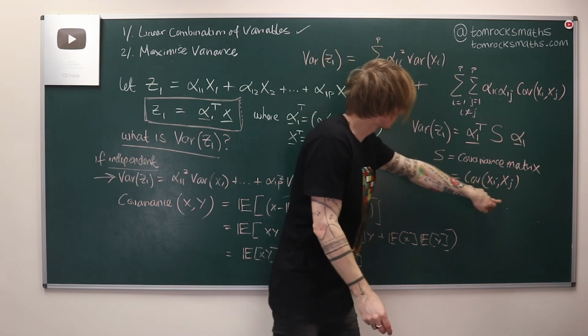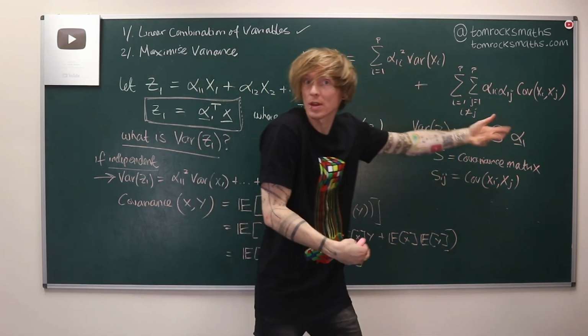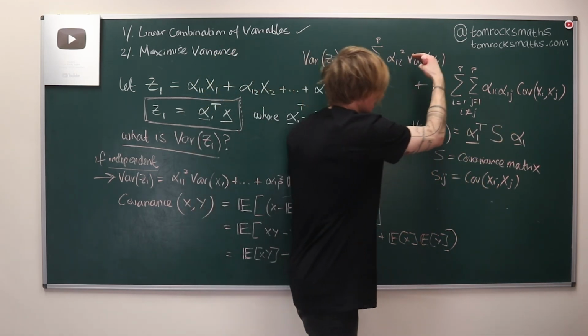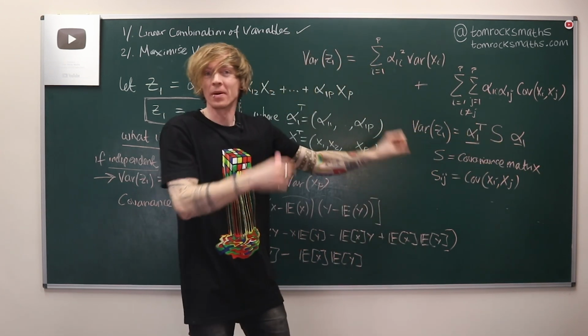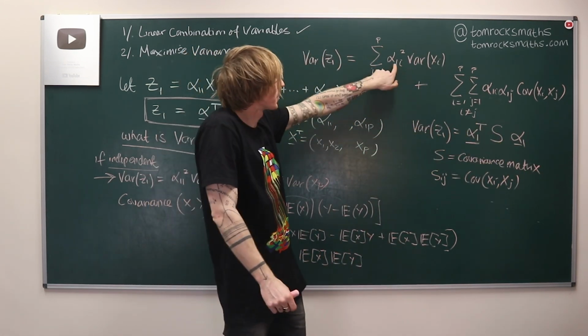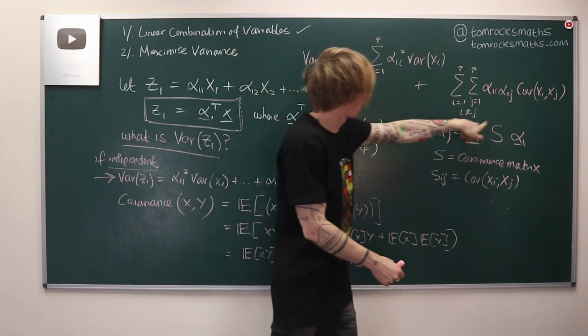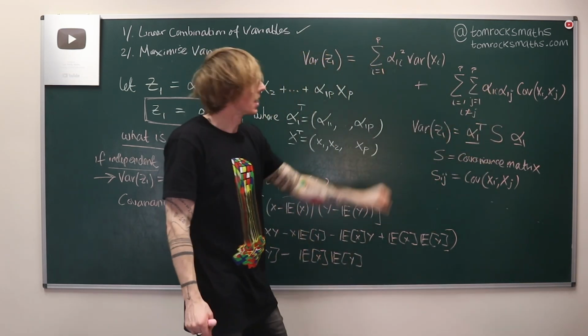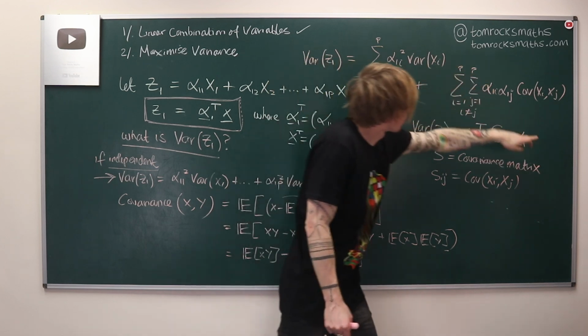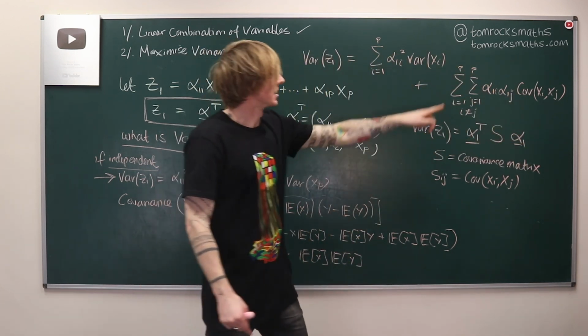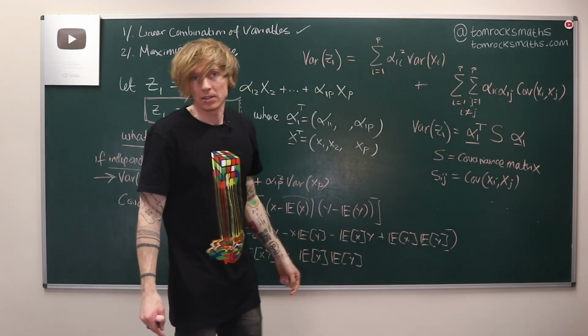And on the diagonal, this will be the covariance of xi with xi. And because it's the diagonal part of the matrix, we're going to get the same alpha term from those two vectors. So that's why we get the squared. But for the off-diagonal terms in S, we're going to pick up the alpha 1i from the first one and the alpha 1j from the second one. And so we are going to get this exact term.